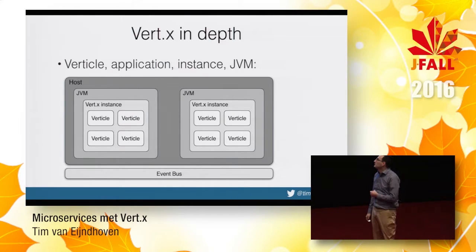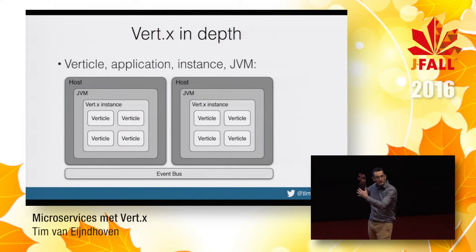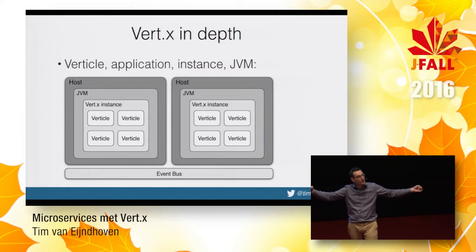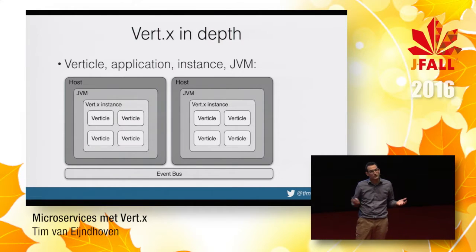And this goes even further, because the technology also allows us to run Vert.x on different hosts, and the event bus bridges all these hosts. That's really cool stuff, because it makes you really scalable: you can add new machines, they can join a cluster, and at once you have a whole new set of machines handling events that are brought on the event bus.